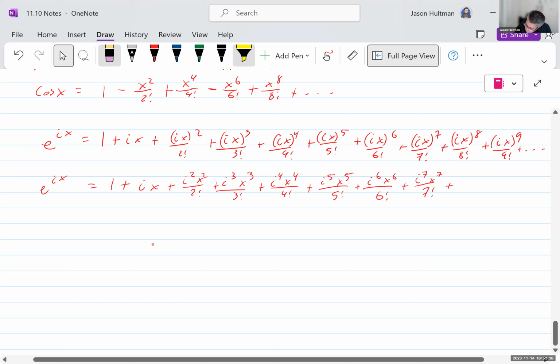I'm just using the properties of exponents to separate this. Plus i to the 8th x to the 8th over 8 factorial plus i to the 9th x to the 9th over 9 factorial.